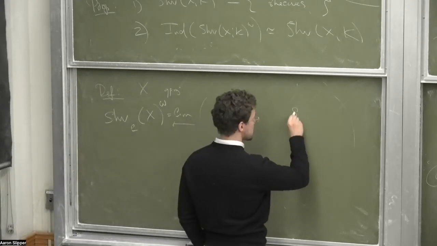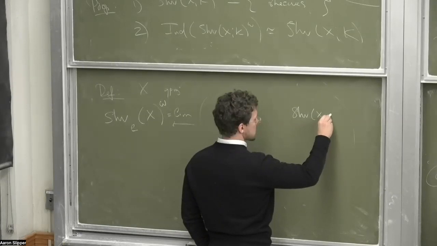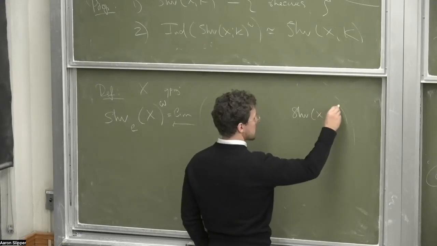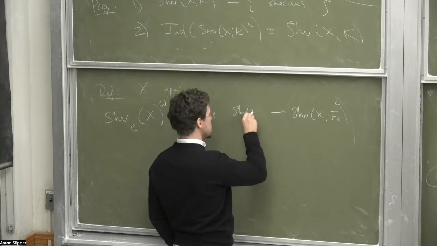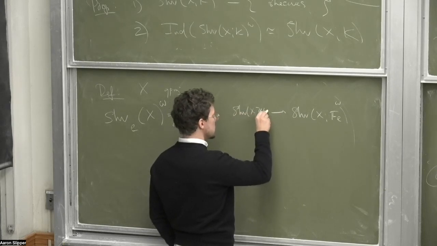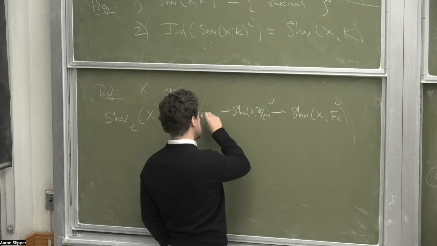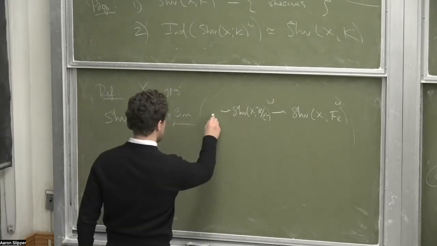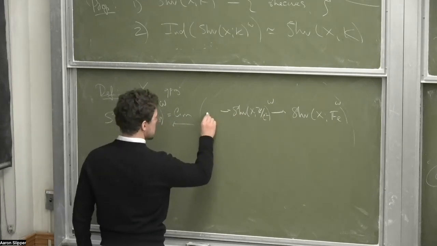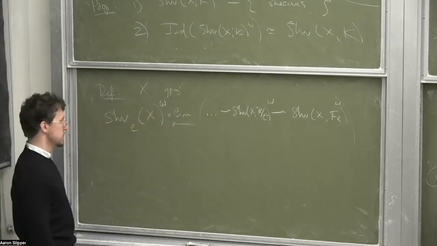I take the sheaves on X with coefficients in Z/l, then sheaves with coefficients in Z/l squared, etc. There's an infinite tower of small stable infinity-categories like this.